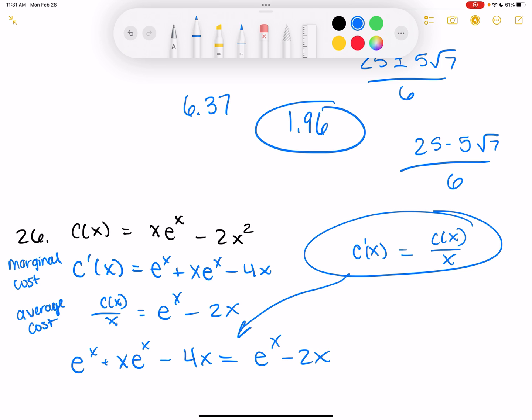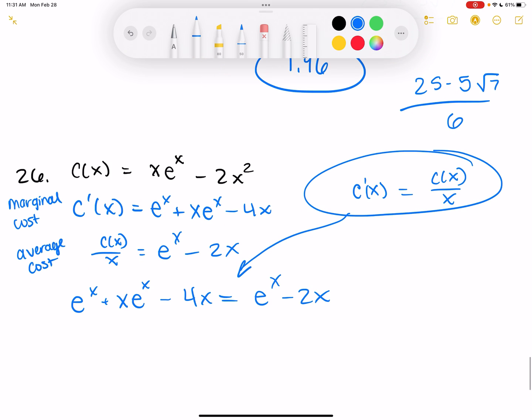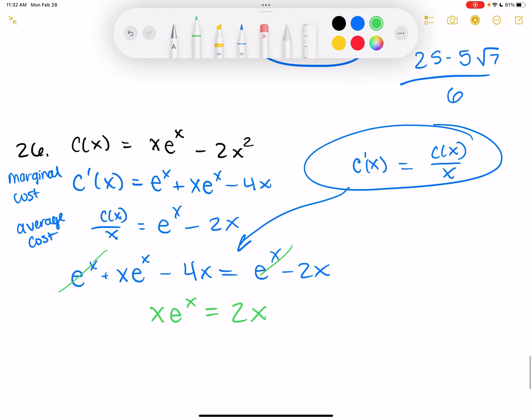So now I want to simplify this down as much as possible. If I move this e to the x over here, it goes away, so I'm going to get rid of those. And then if I add this 4x over to the other side, x e to the x is equal to 2x. Then I can divide by x on both sides.